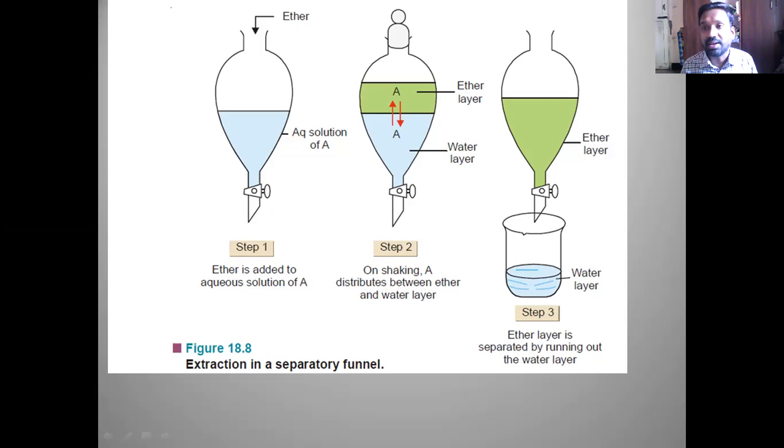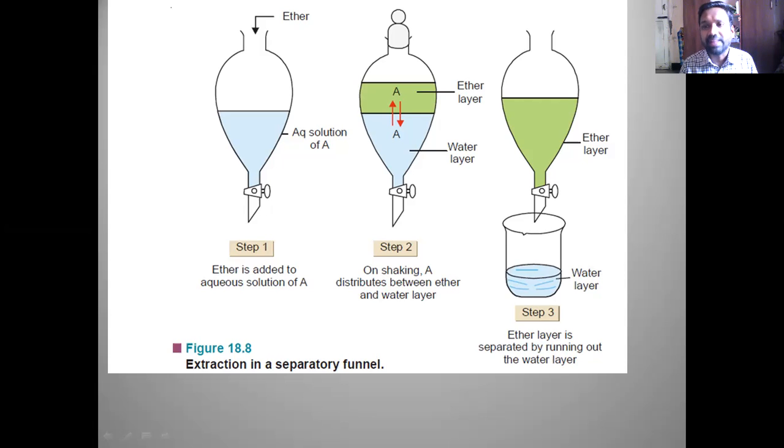So that's how the distribution goes. Tap off the water layer, you take the ether layer. Now what have you done basically? The benzoic acid which was there in water, you have got it now into the ether. So now how will you separate benzoic acid from ether? You simply evaporate the ether. And the point about these organic liquids is that usually they are all low boiling.